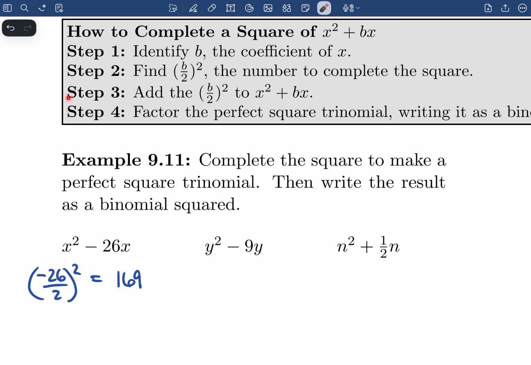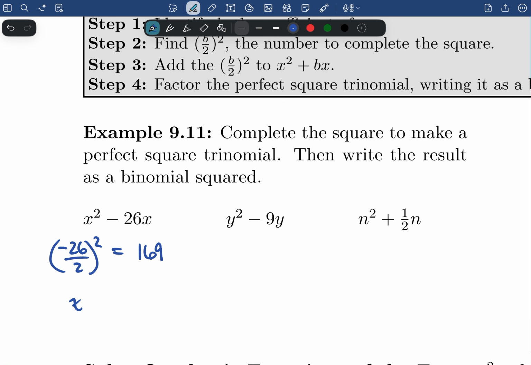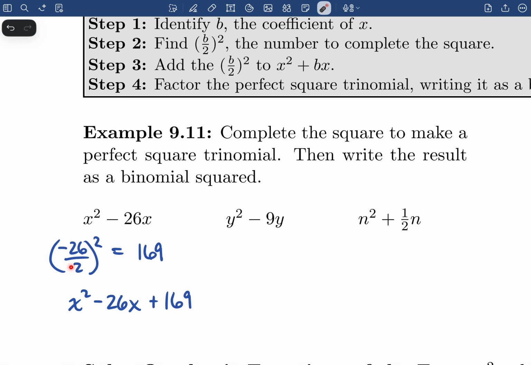Now step 3 is to add it on to the other stuff that you had. So I already had the x squared minus 26x, and so I'm going to rewrite that stuff. And I'll get x squared minus 26x, and then I'm adding on the value I got, right? B divided by 2 squared, 169. Awesome.